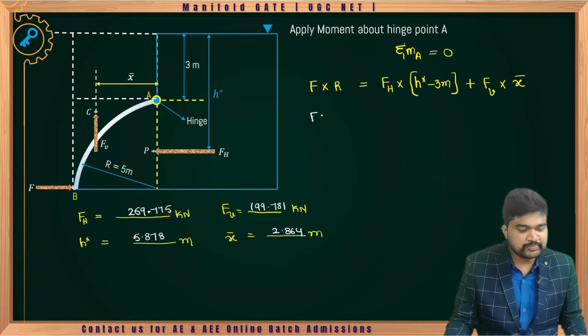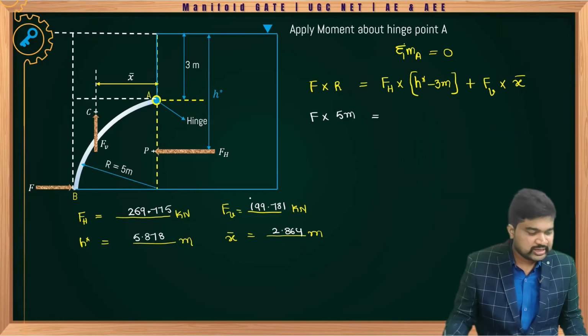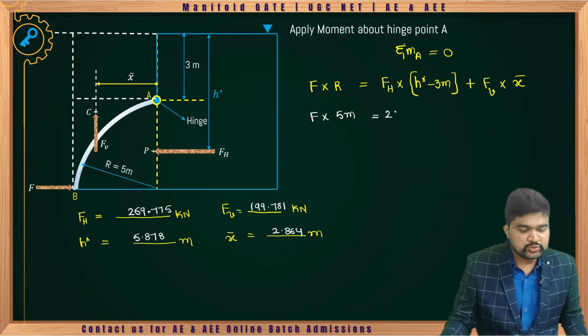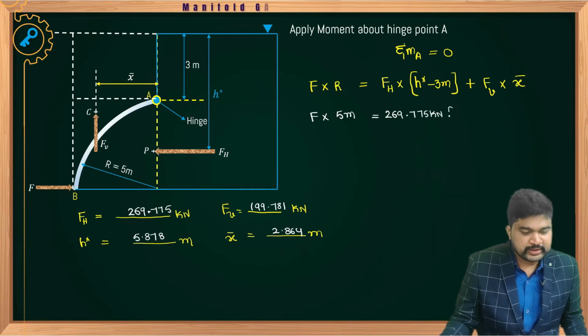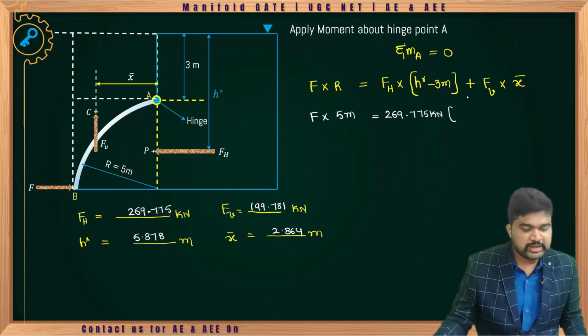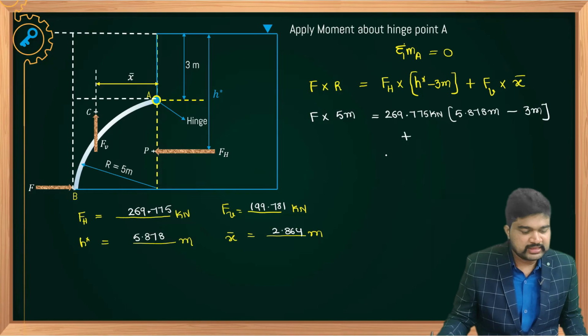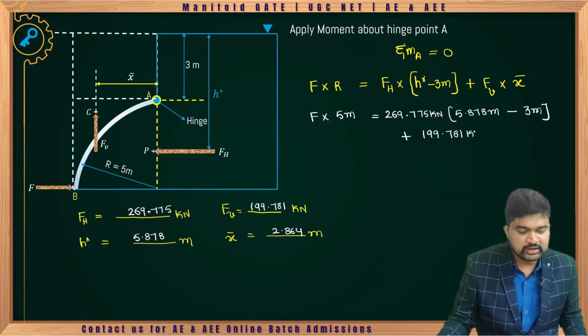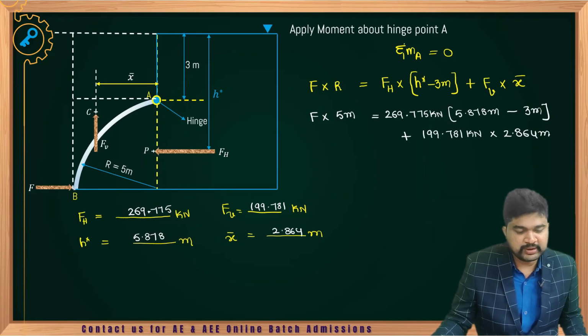So F into 5 meter, R is 5 meter, equals FH, which is 269.775 kilonewton, into 5.878 meter minus 3 meter, plus FV, which is 199.781 kilonewton, into 2.864 meter.